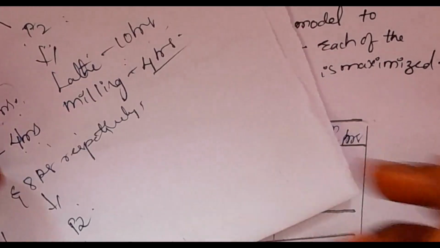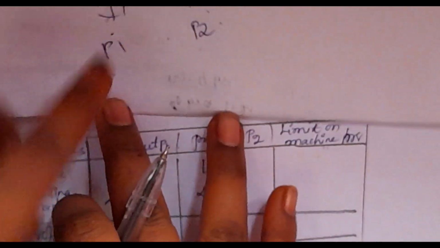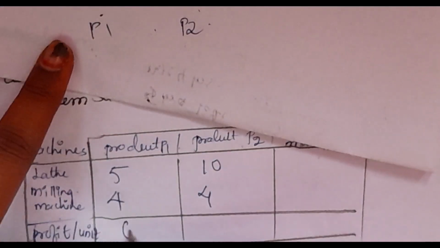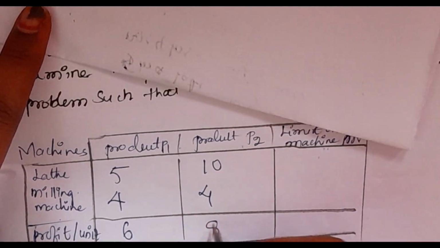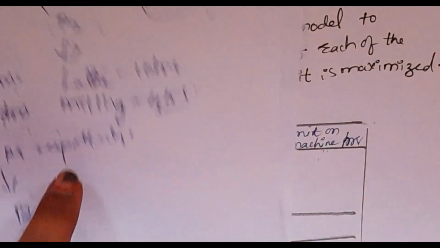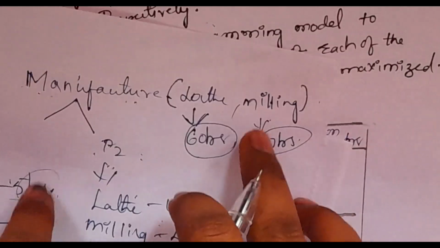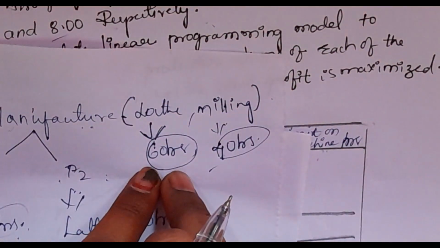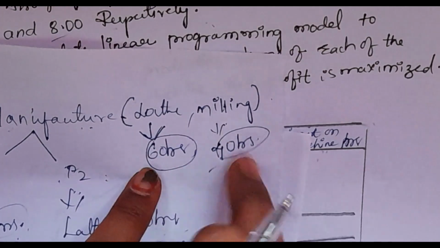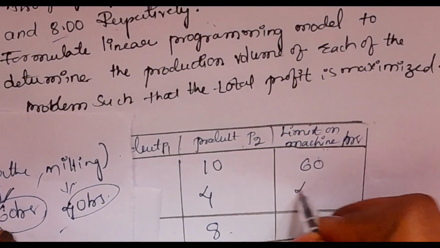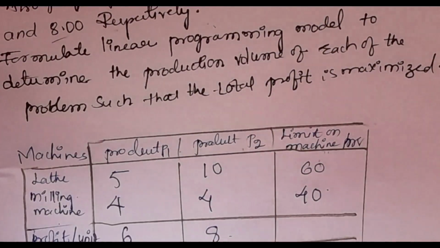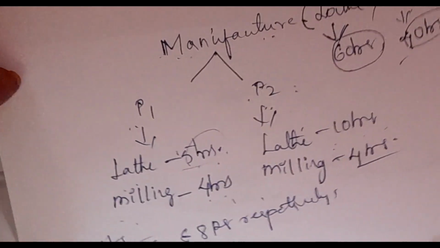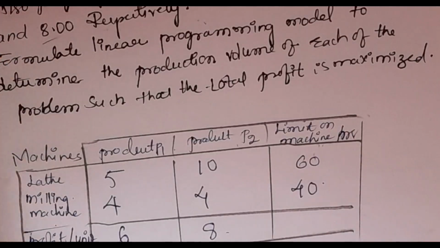The profit of P1 is 6 rupees and of P2 is 8 rupees. The total time the machines can work in a week is 60 and 40 hours. So this is how we construct the table, which can be easily done using this.